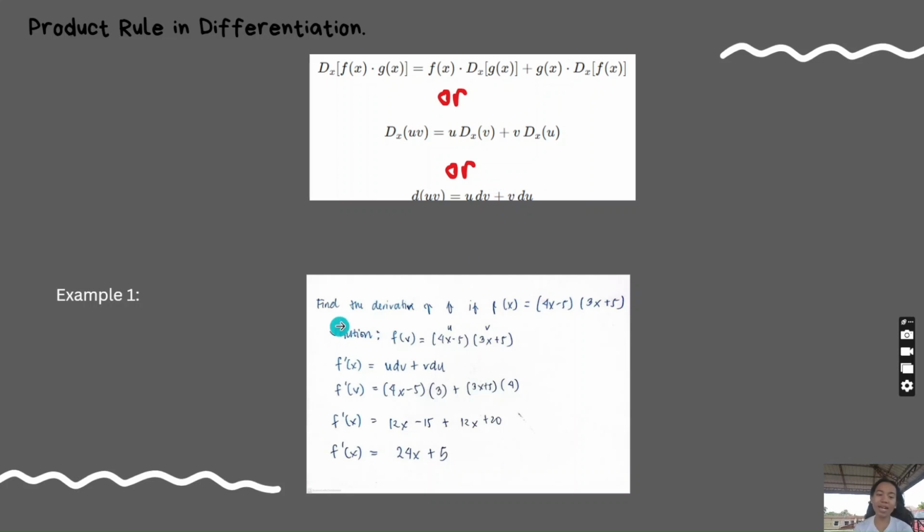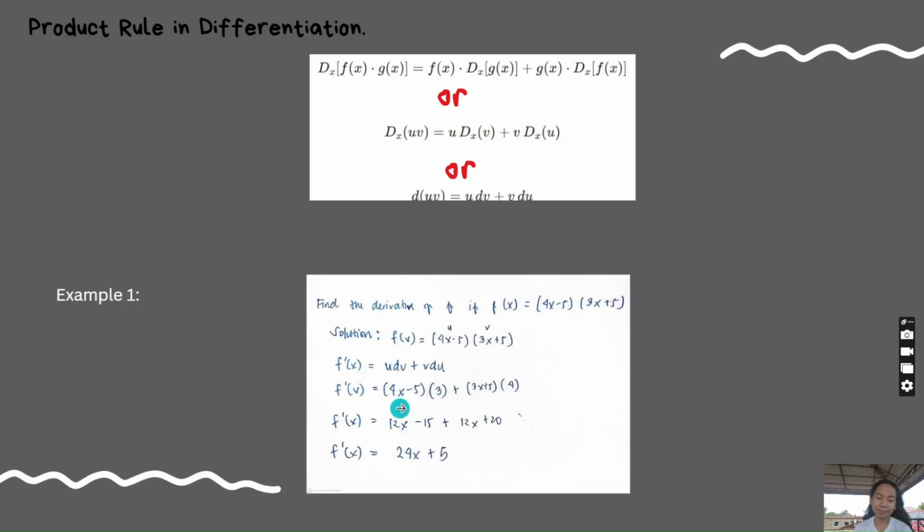So given here, find the derivative of f if f of x is equal to 4x minus 5 times 3x plus 5. So this involves multiplication of two functions. This will be our u and this will be our v. So the derivative of uv is given by u dv plus v du.